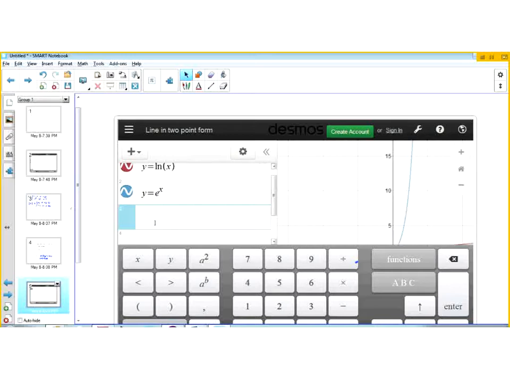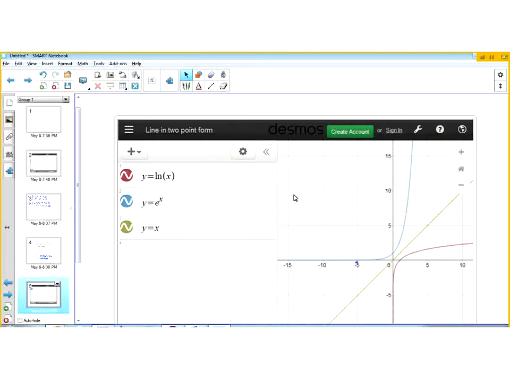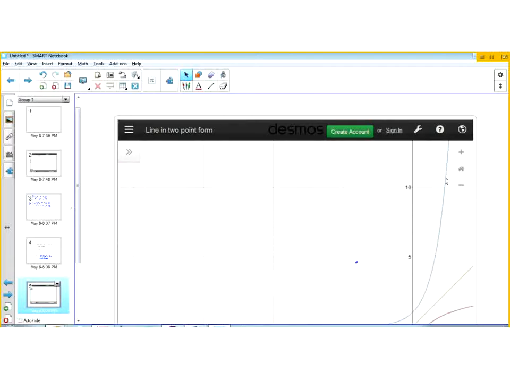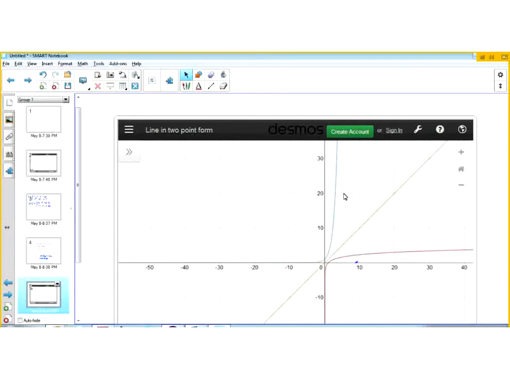And so what is a defining property of two inverse functions? Well, they are symmetric with respect to the line y equals x, which is shown in green here. So the blue curve is y equals e to the x.